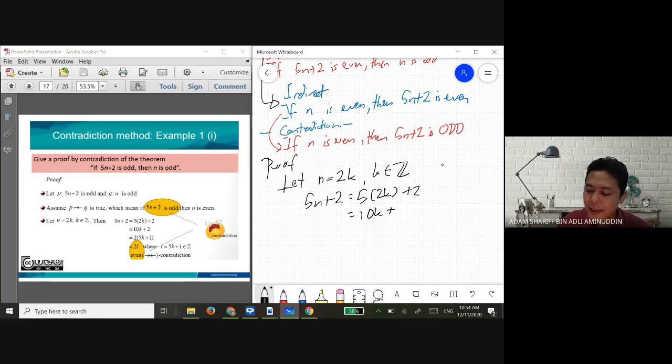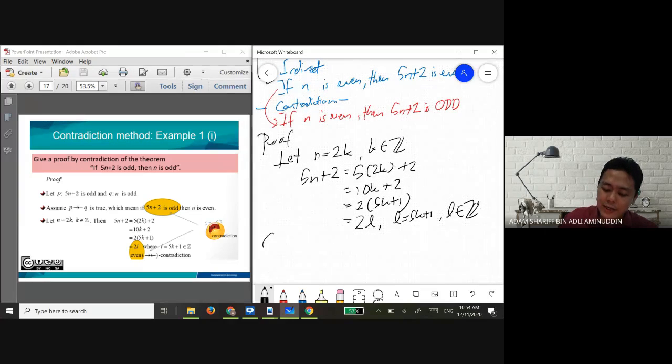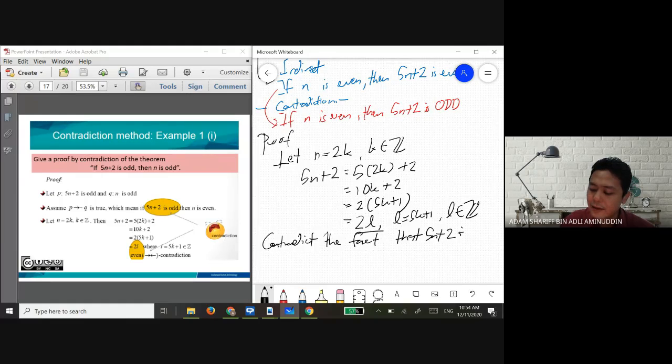Becomes 10k plus 2, 5k plus 1 becomes 2l, L is equal to 5k plus 1, and L is an integer. This contradicts the fact that 5n plus 2 is odd.